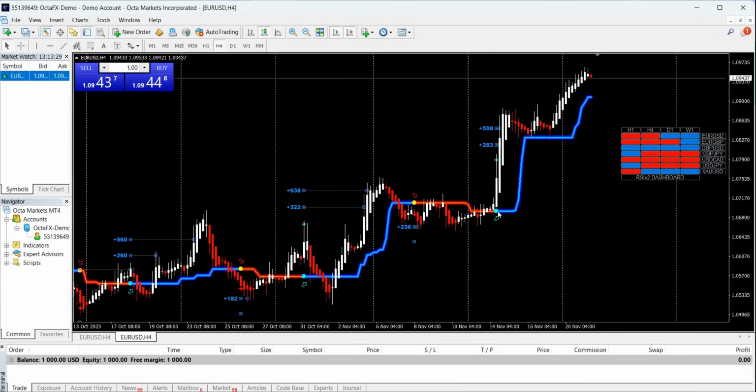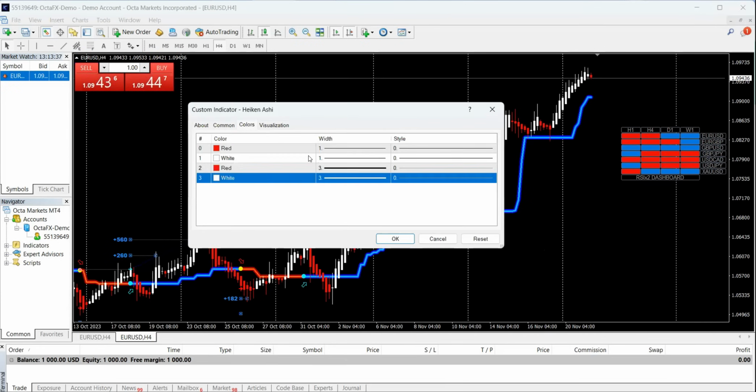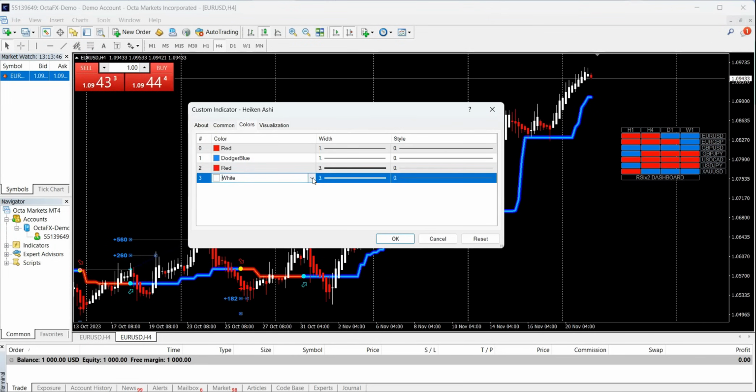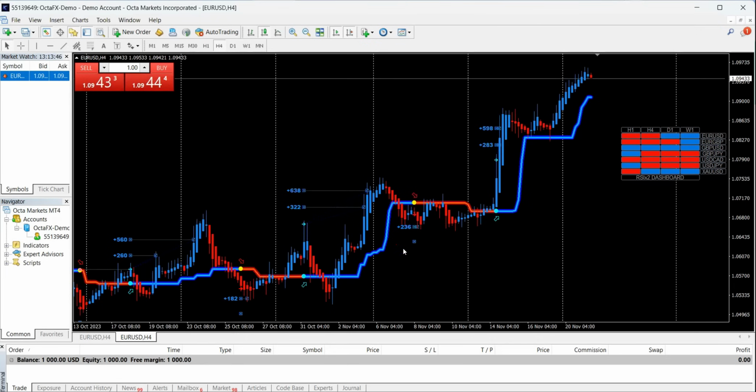So when it is blue, let me change back to the color blue. So when it is blue this way, I know that, okay, I enter a sell trade here, and this line has also turned blue.